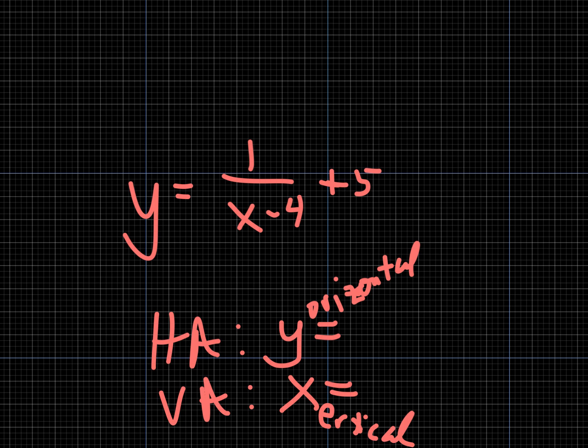So, like made up words. All right. So Y equals 5 and X equals, careful, not negative 4, 4.